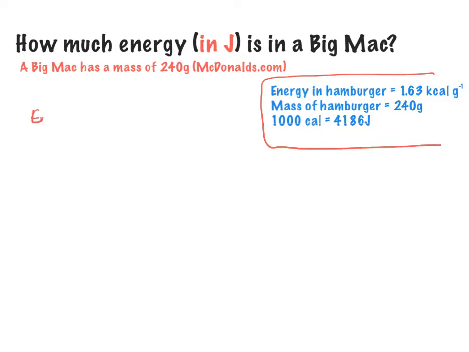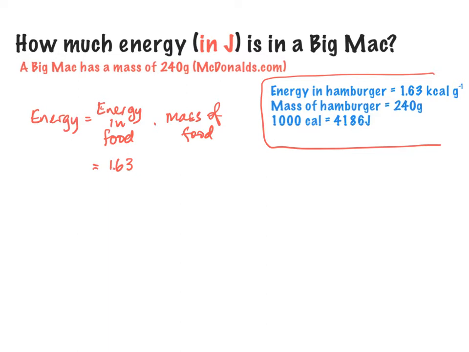So energy is equal to energy in food times mass of food. Now it asks us to convert to joules. We'll do that second. So the energy in food, as we see here, is 1.63 kilocalories per gram.